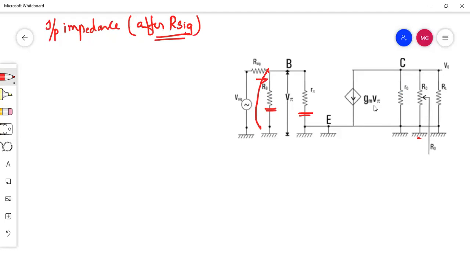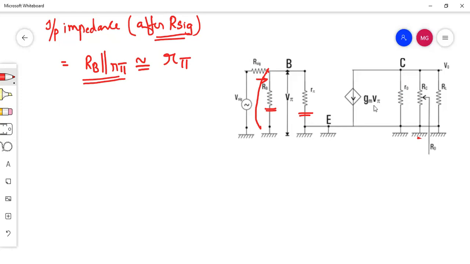So the input impedance will be equal to RB parallel R pi. And we know R pi is a very small resistance. When taking the parallel connection, this input impedance can be equated to R pi. So actually it is RB parallel R pi, but R pi is very small, so we can equate it as R pi.